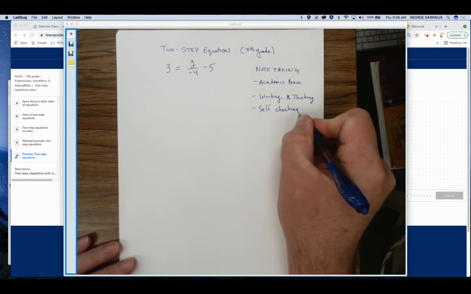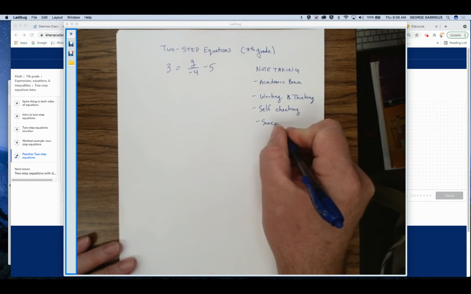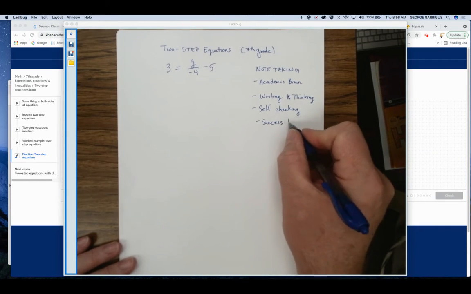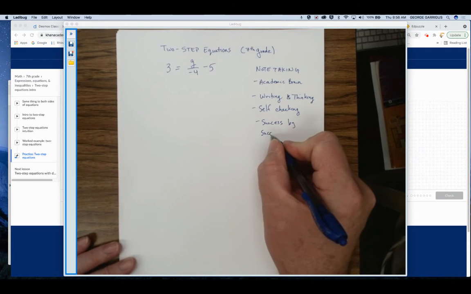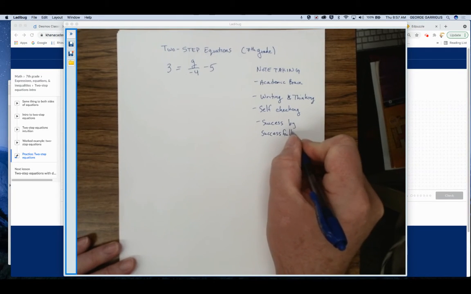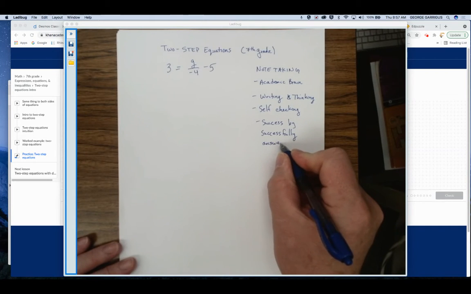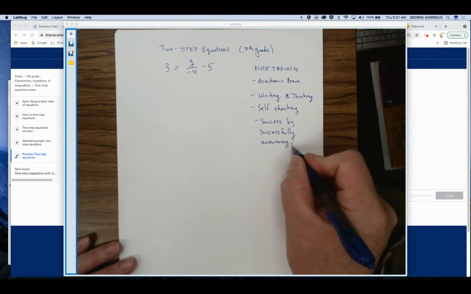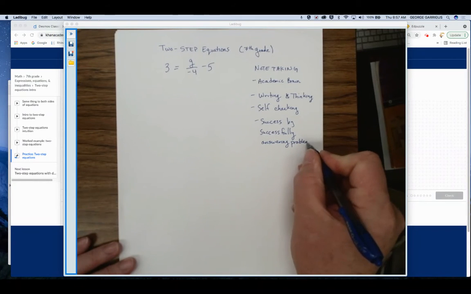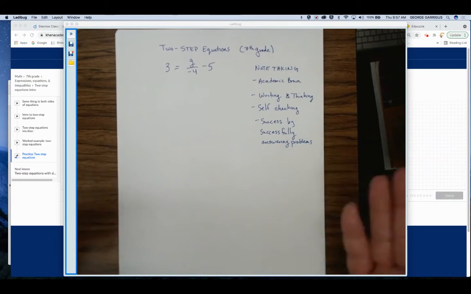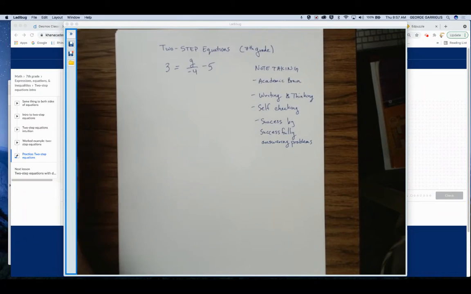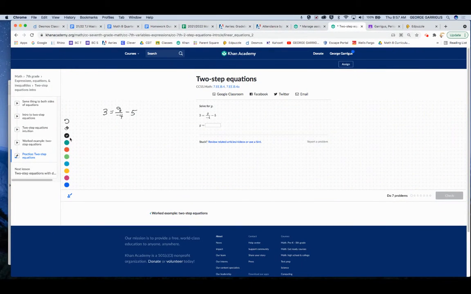And you're trying to find success by successfully answering problems. So this is all about you developing into a self-regulated learner.